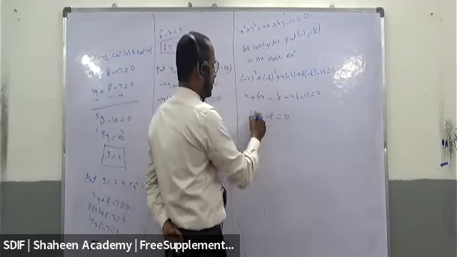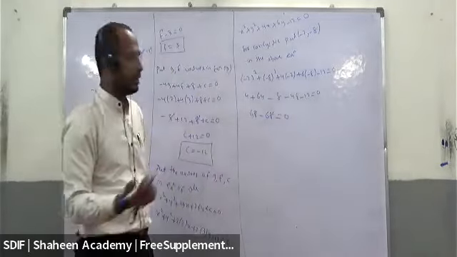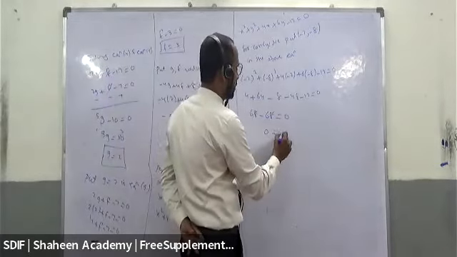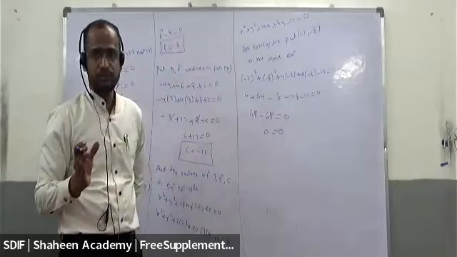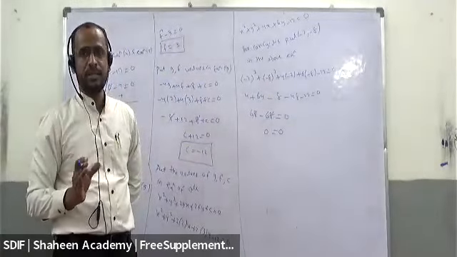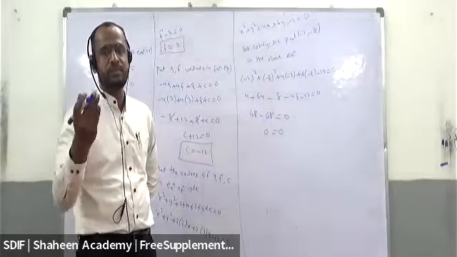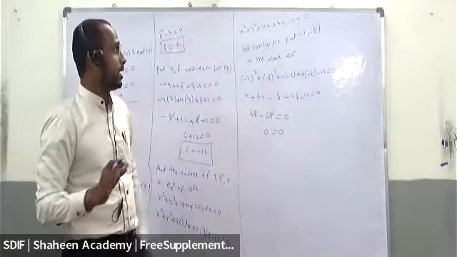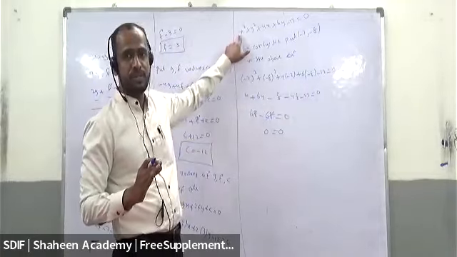Plus and minus get cancelled. So we are getting 0 is equal to 0. If you get 0, then the given points are concyclic. If it is not equal to 0, then the given points are not concyclic.